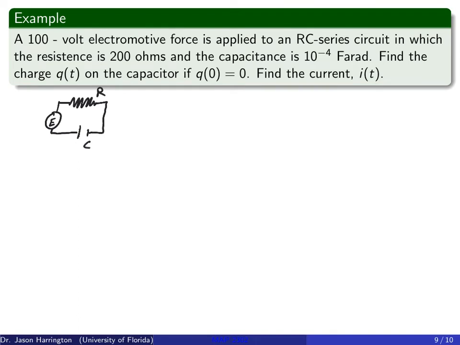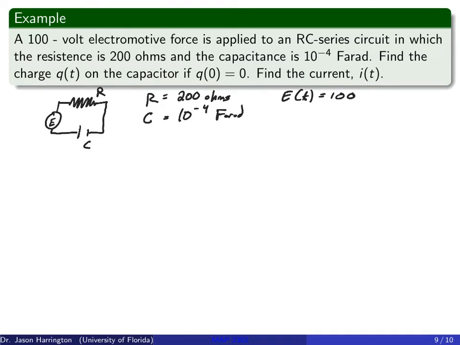Now I know that R is given to me as 200 ohms, and the capacitance is given as 10 to the negative 4 farad. And I also know that E of t is 100. So E of t is just a constant, 100.